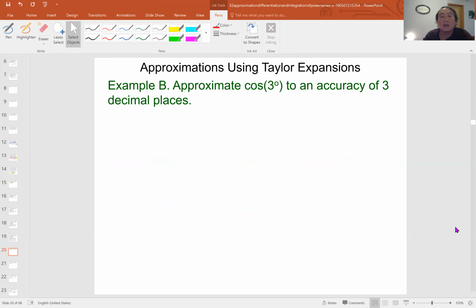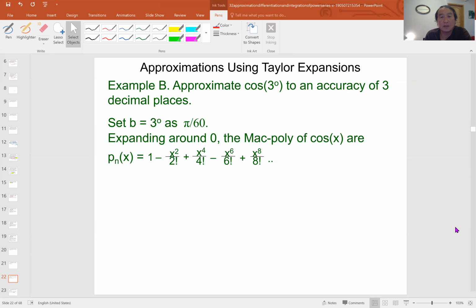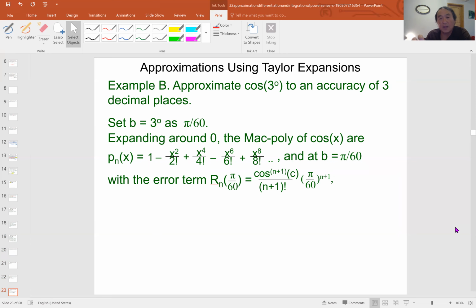Okay. Here's an example approximating cosine up to 3 decimal places, and the things we want to remind you. First of all, we expand around x equal to 0 using Maclaurin expansions, and the 3 degrees has to be converted into radian measurement, 3 times pi over 180. Okay, and here's the Maclaurin polynomial, and here is the remainder term.